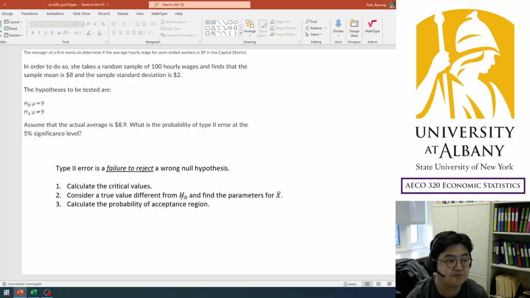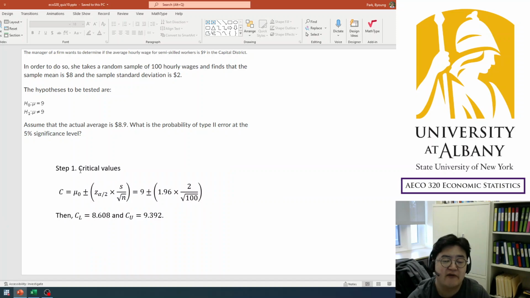That is when type 2 error happens. Of course, in this process we are going to standardize the probability using the parameters we obtained in the previous step under the assumption of a specific truth, the true values.